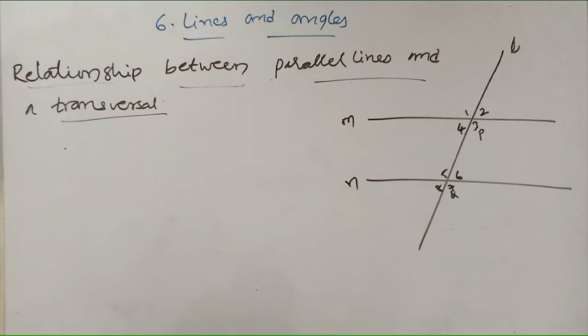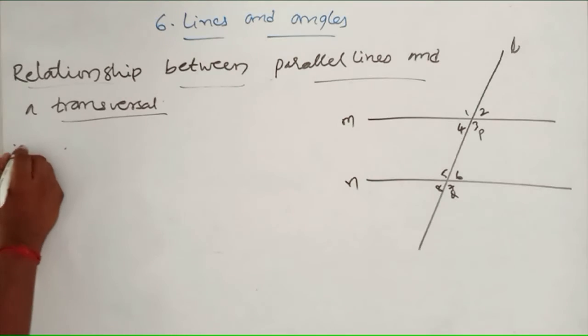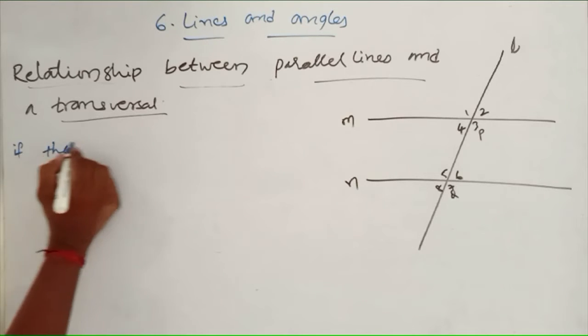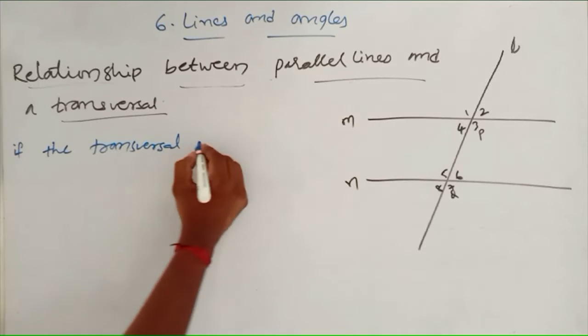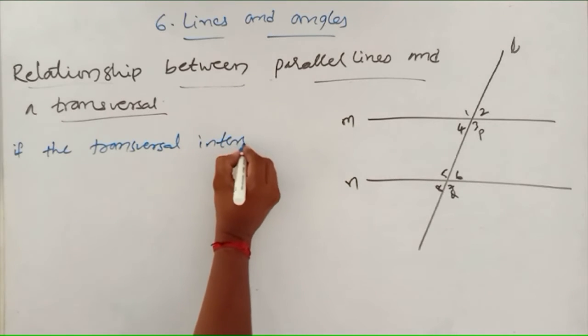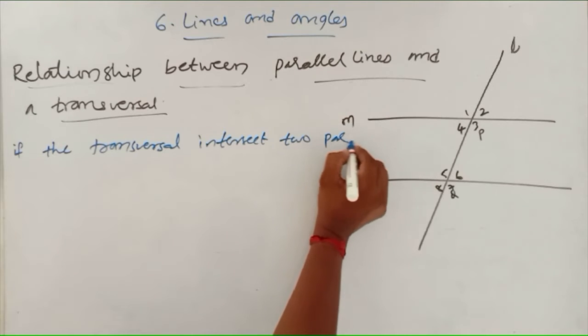If the transversal intersects two parallel lines, then each pair of corresponding angles are equal.